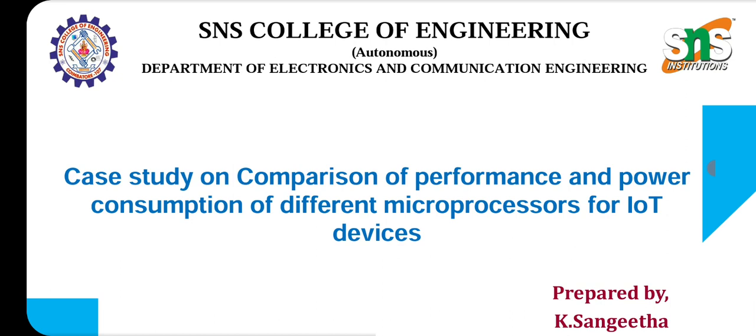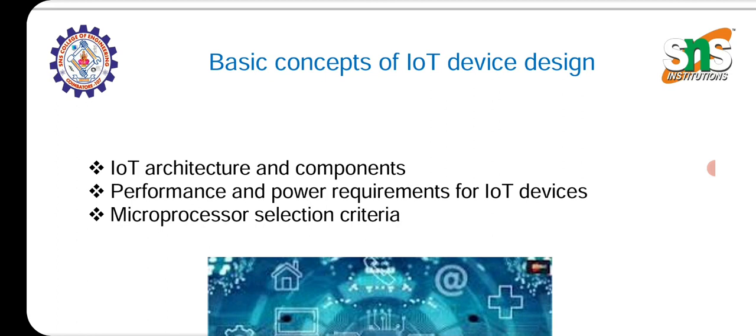Today I am going to share a few things about the comparison of performance and power consumption of different microprocessors for different IoT devices. So let us start with the basic concepts of IoT. First, let us know what is IoT.